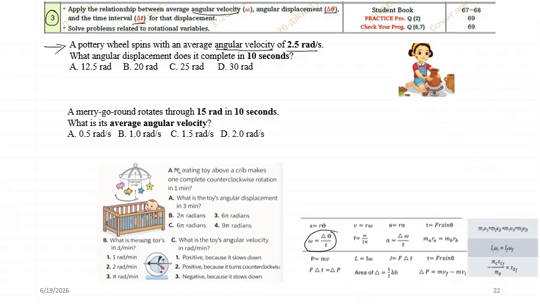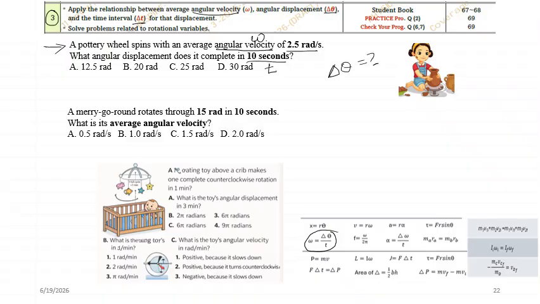This is the angular velocity; they have given omega. What angular displacement does it complete in 10 seconds? In 10 seconds, how much angle of rotation will be completed? How do we calculate? They have given t and omega, but they haven't given delta theta, so you need to calculate it.